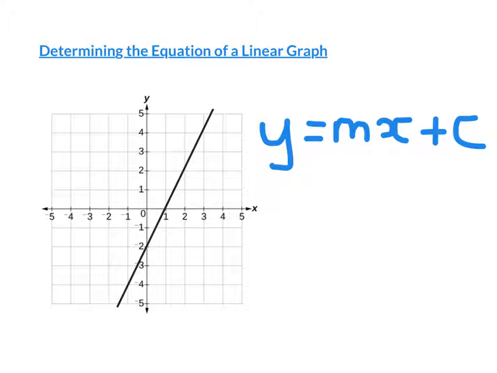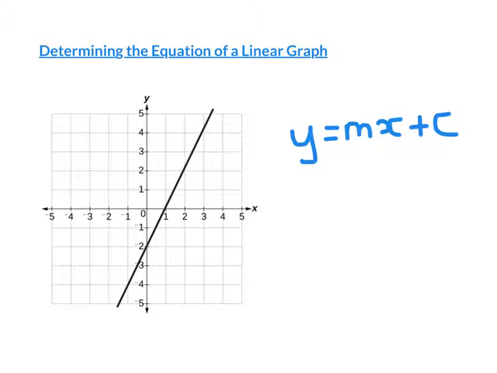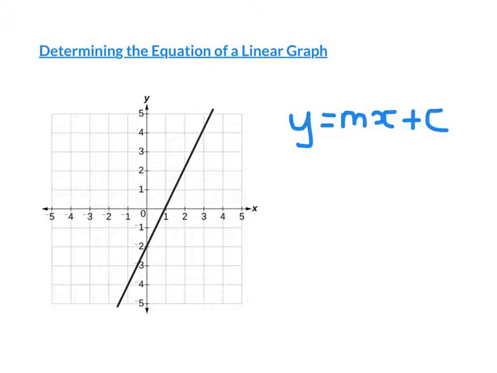This is a general form for any linear equation where m is my gradient and c is my y-intercept. So to figure out the equation of this line, we have to find the gradient m and the y-intercept c. Well, how are we going to do that?